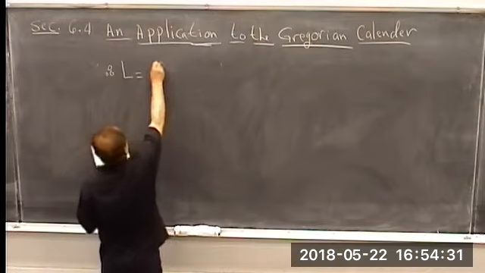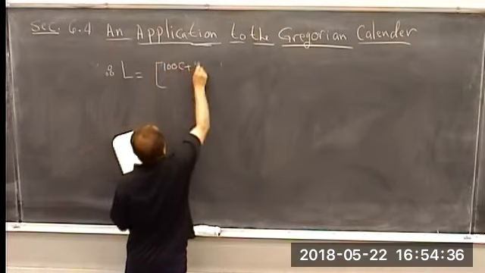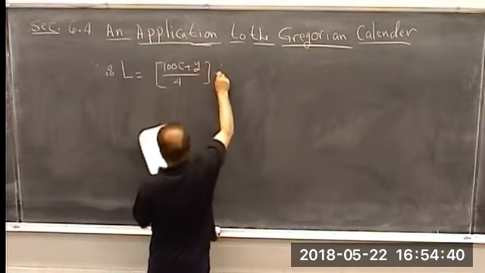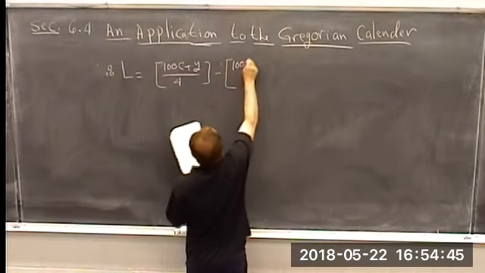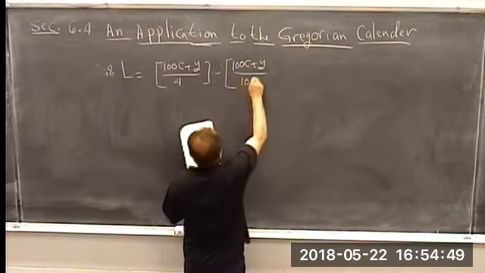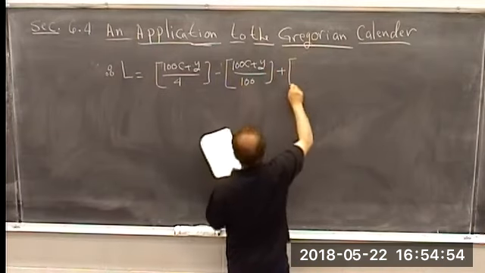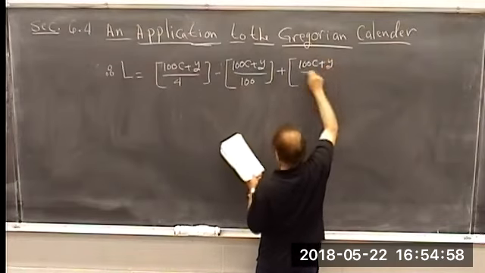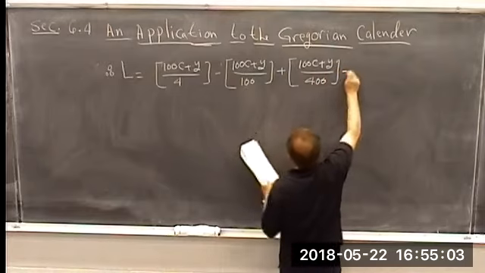It's going to be (100c plus y) over 4, minus (100c plus y) over 100, plus (100c plus y) over 400, minus 388.